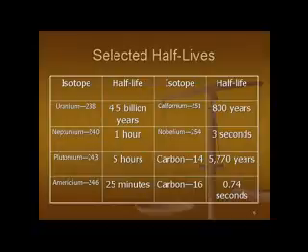Here are some selected half-lives. So the isotopes, uranium-238 for instance, half of it will be gone from a sample in 4.5 billion years. In neptunium-240, half of it will be gone in 1 hour. Plutonium-243 is 5 hours.